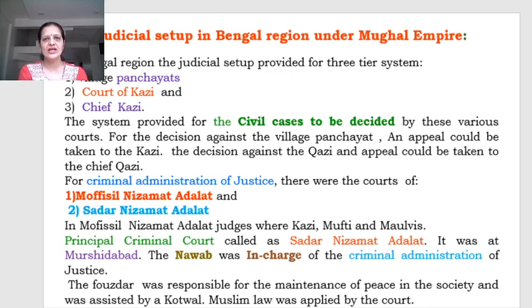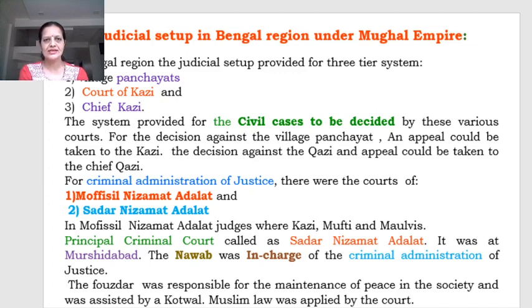Against the decision of the village panchayat, an appeal could be taken to the Kazi, and against the decision of the Kazi, an appeal could be taken to the chief Kazi. So here we have completed civil administration under the Mughal emperor.